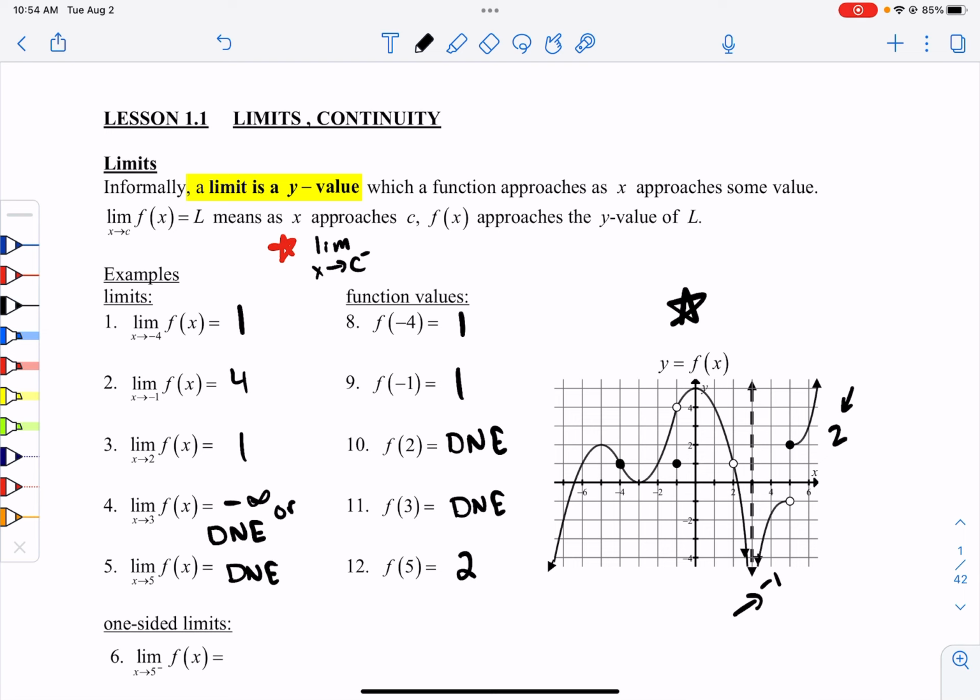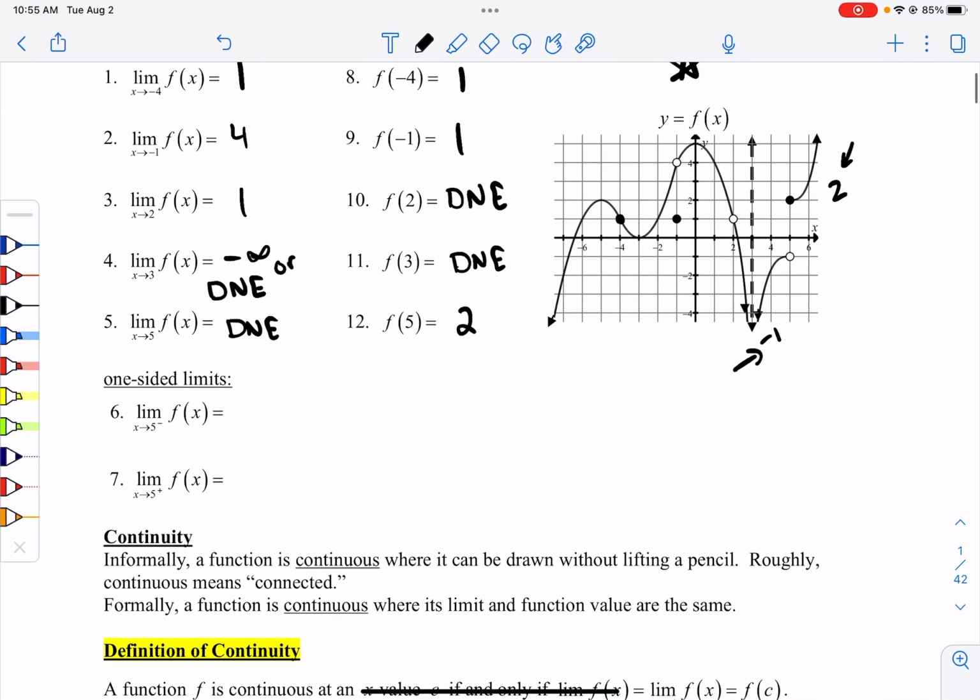So my limit as x approaches c from the left of my function f of x has to equal the same thing as if I approach c from the right. Those two have to be the same thing for the limit as x approaches c of f of x to exist. If they don't both equal the same thing, then the limit does not exist, okay?